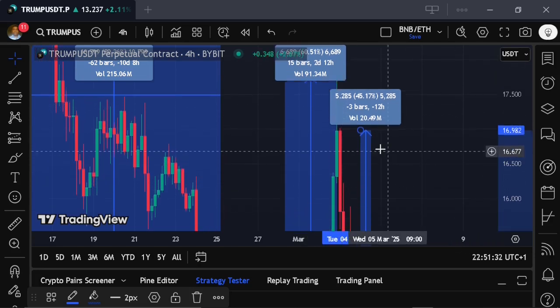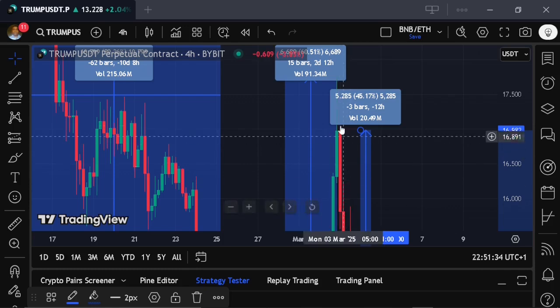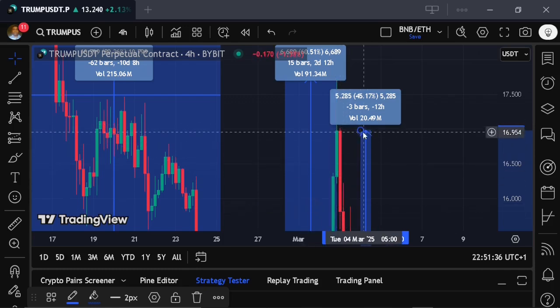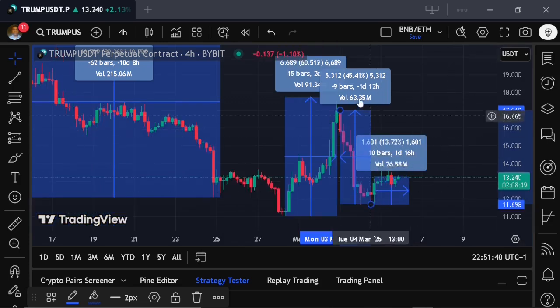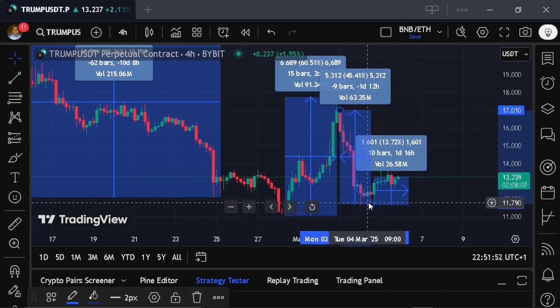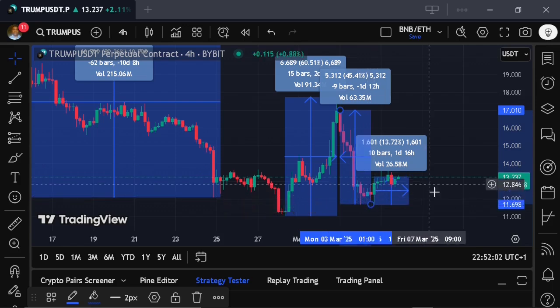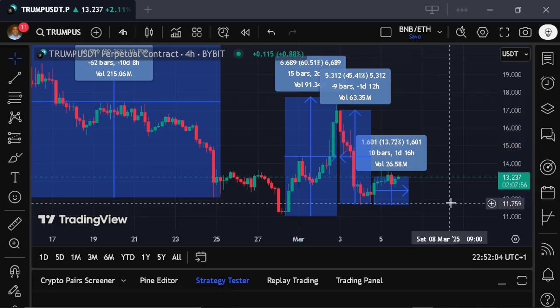From the highest price of this red candlestick bearish trend starter, the price action of this cryptocurrency dipped down to 45.41% in 1 day, 12 hours. And the best part, you would have made over 20% profits if you were to short trade this cryptocurrency on this bearish trend section.